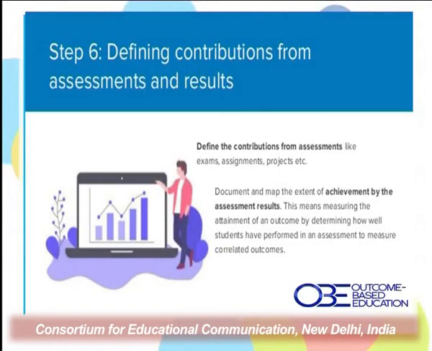Now moving on to step number 6, that is defining the contributions from the assessment and the results. Basically we have started with the industry academia needs, we have designed the program, and we have talked on the placement aspect of the students. We have decided what pedagogies have to be in place, what particular programs have to be in place as far as the success of that program is concerned.